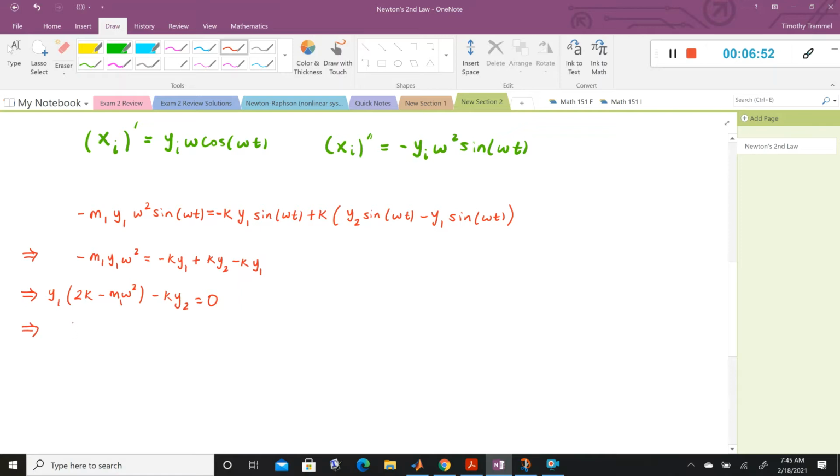Let's go ahead and do that. So if we were to do that, we're going to have this 2k over m1 minus omega squared, times y1, and minus k over m1 y2 equals 0. So this is one of the equations that we're going to want.